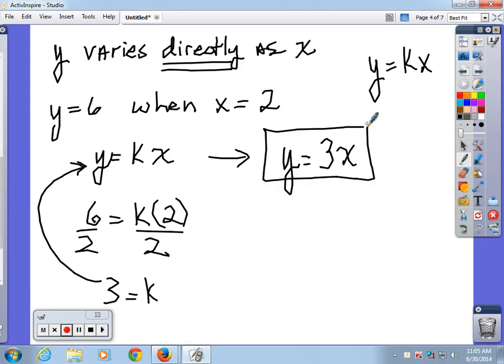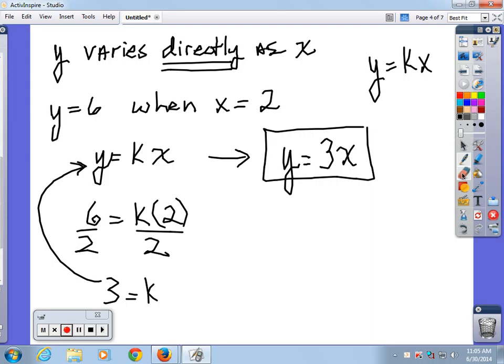I'm sorry. I'm going to do number 9 now. Number 9 says find the variation constant in an equation of variation. Find the equation. Y varies directly as x when y is 6.3 and x is 3.